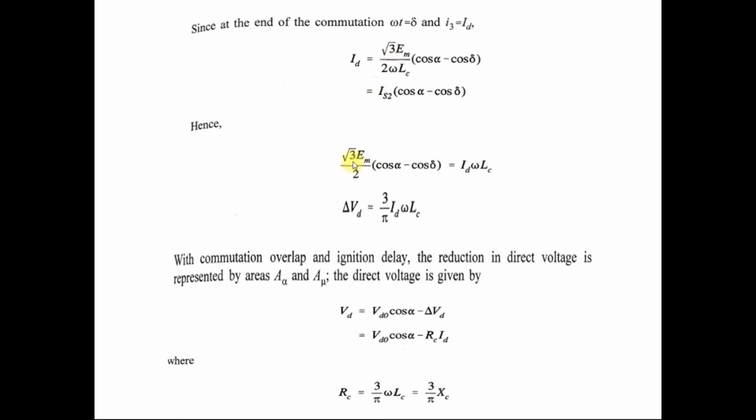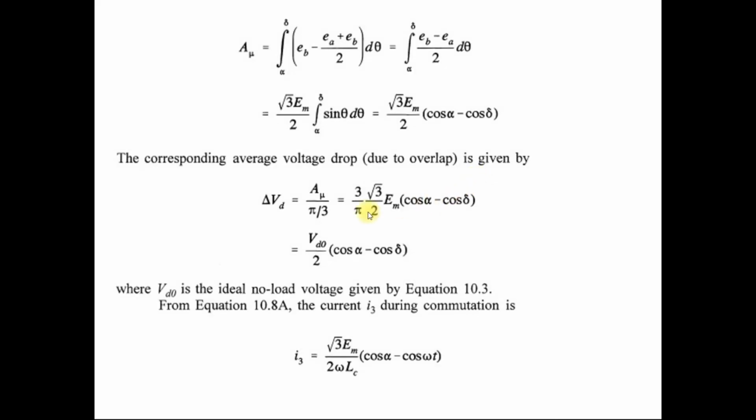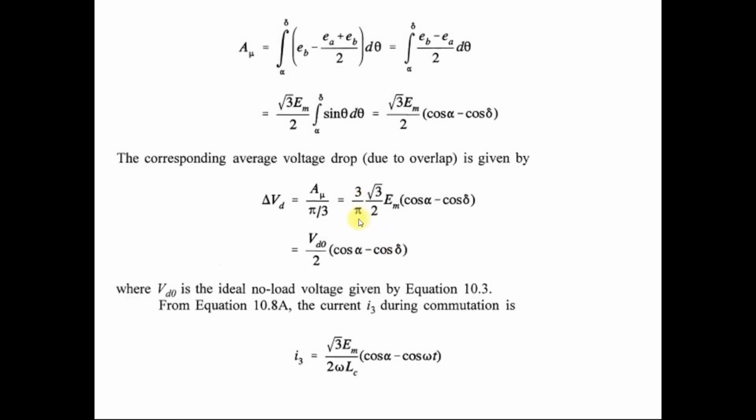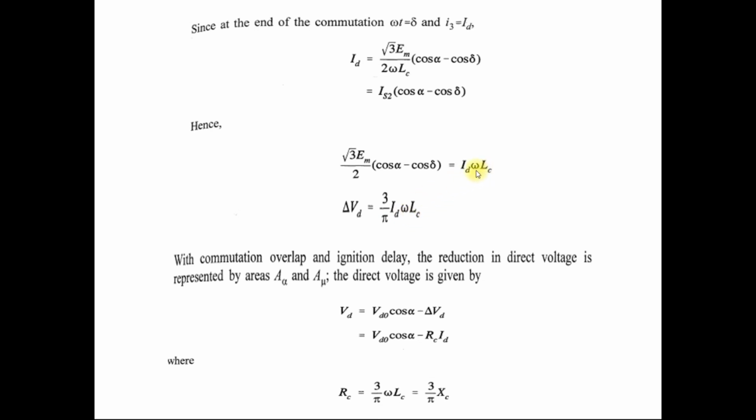So you can replace root 3 Em by 2 (cos alpha minus cos delta) by the value ID into omega LC. You can see in the previous slide, the value root 3 Em by 2 (cos alpha minus cos delta) in the equation of delta Vd. This value you can replace by ID into omega LC. So you can write the equation of delta Vd as 3 by pi, as it is, and this value replaced by ID into omega LC.